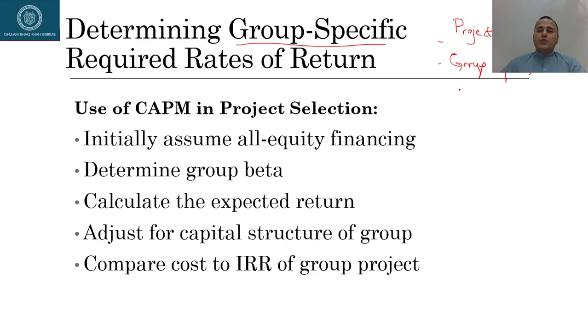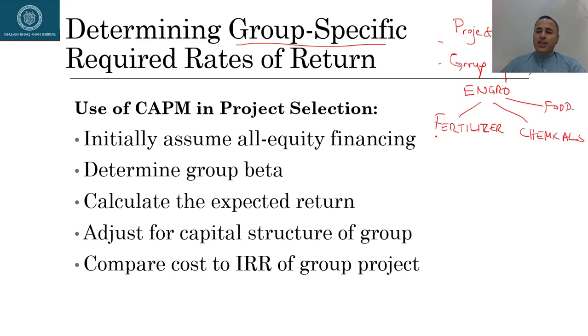So what we do in this approach, a company is actually divided into different groups. For example, a good example, Engro. Engro has, as I said, fertilizer, chemicals, and they have food as well.